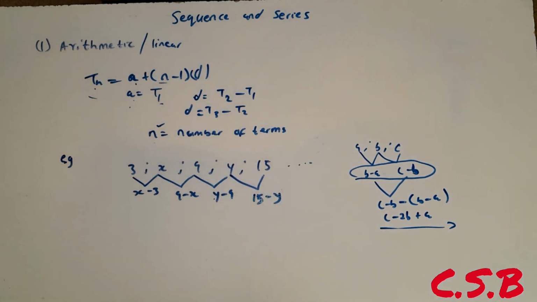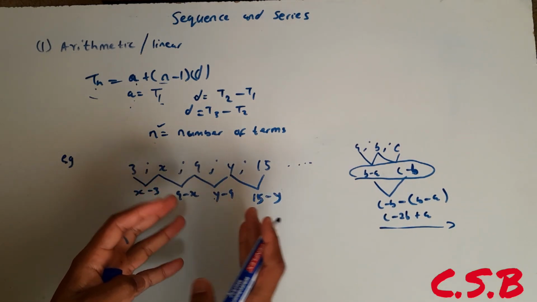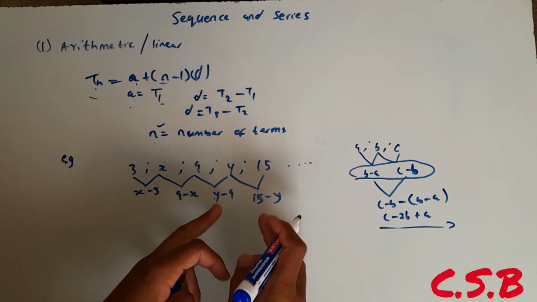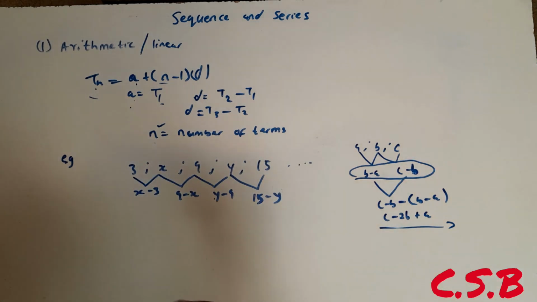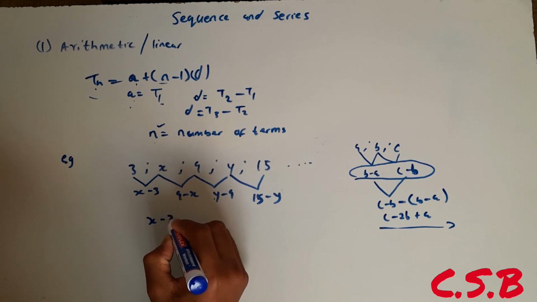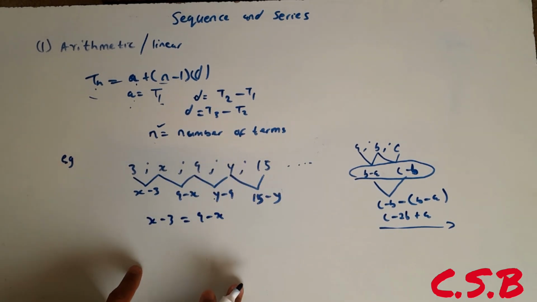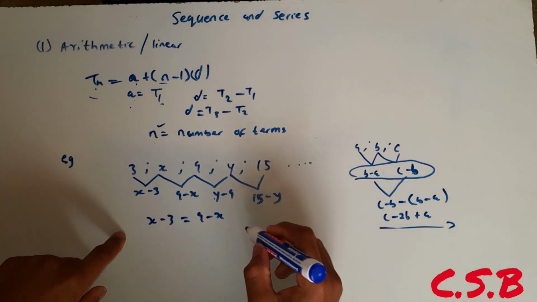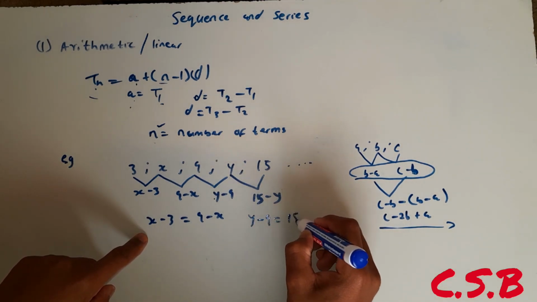So now we can equate these. So we can say x minus 3 is equal to 9 minus x, right? Then we say y minus 9 is equal to 15 minus y.